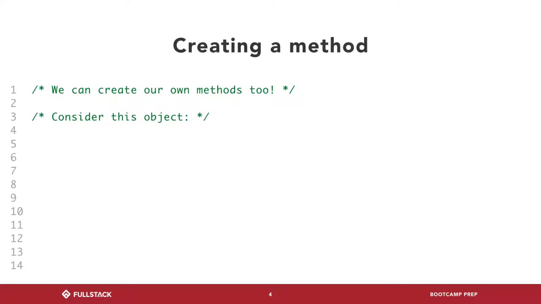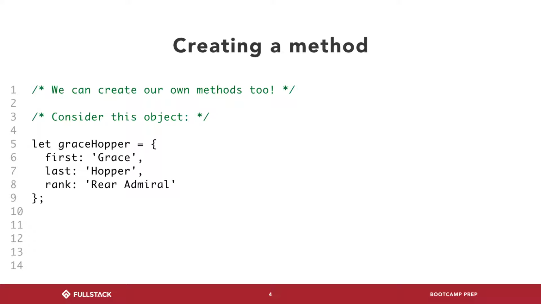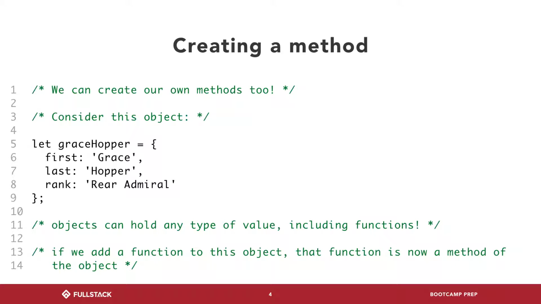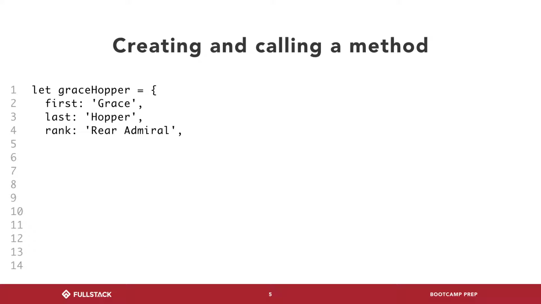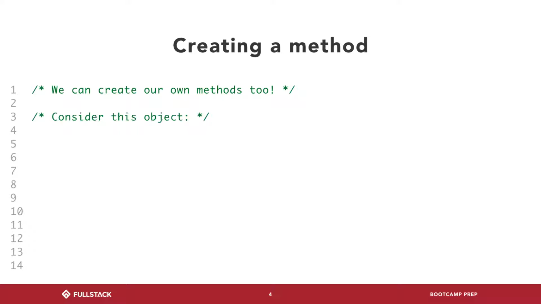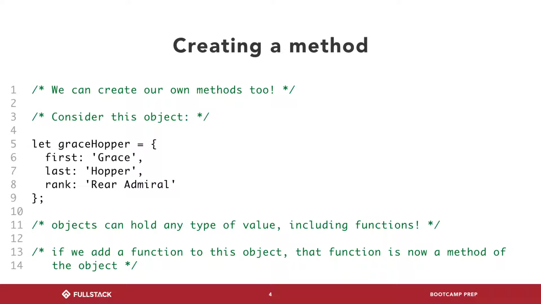Okay, so creating a method. The way we create a function is we just write the function keyword, the name of the function, we list the parameters, we write the curly braces, and we write it very traditionally, right?